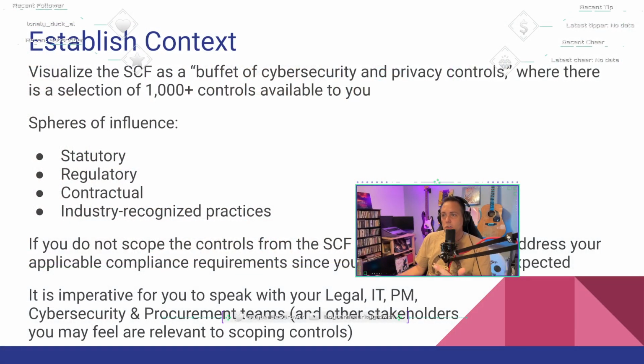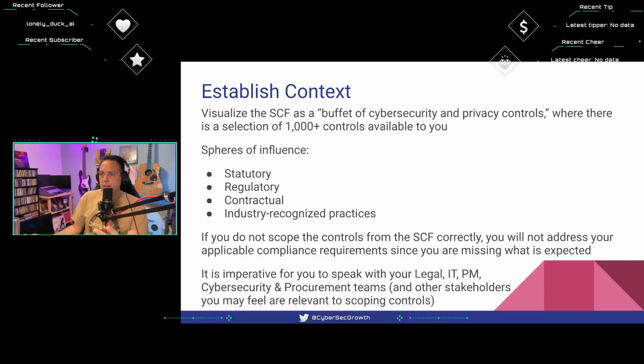Two, talk with representatives outside of IT and cybersecurity to gain an appreciation of other compliance requirements, like legal, procurement, physical security. Go talk with your partner teams. Three, come up with a list of the must-have laws, regulations, frameworks that your organization must comply with.